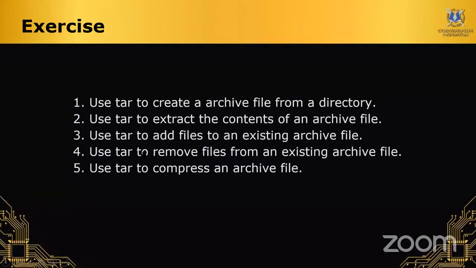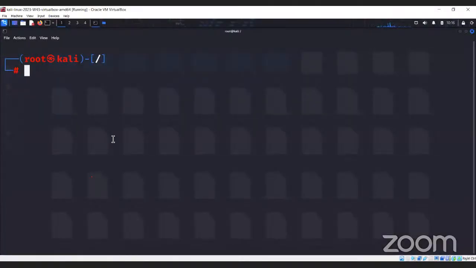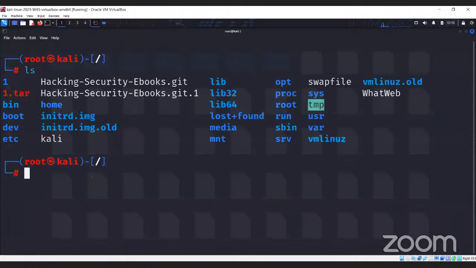Next question is: use the tar command to add a file to an existing archive file. We have to add some more files into an existing tar file, which is here one.tar, and let's suppose I want to move a file into that particular tar file.